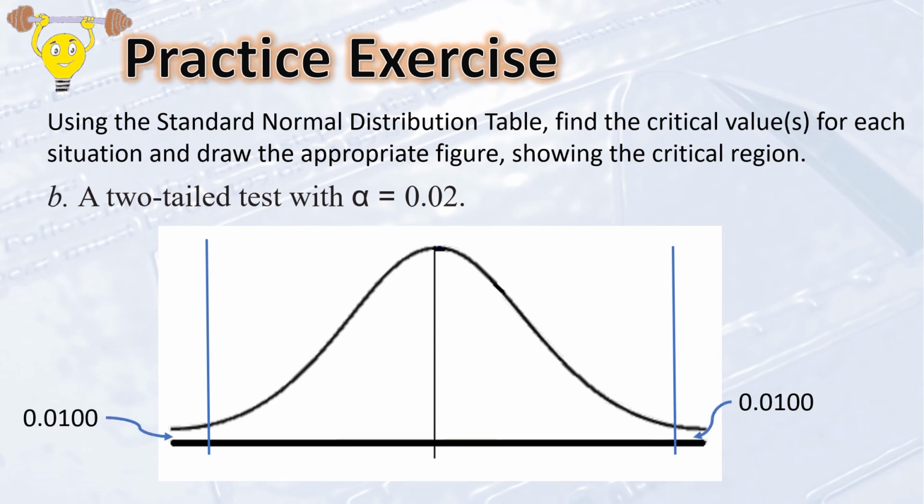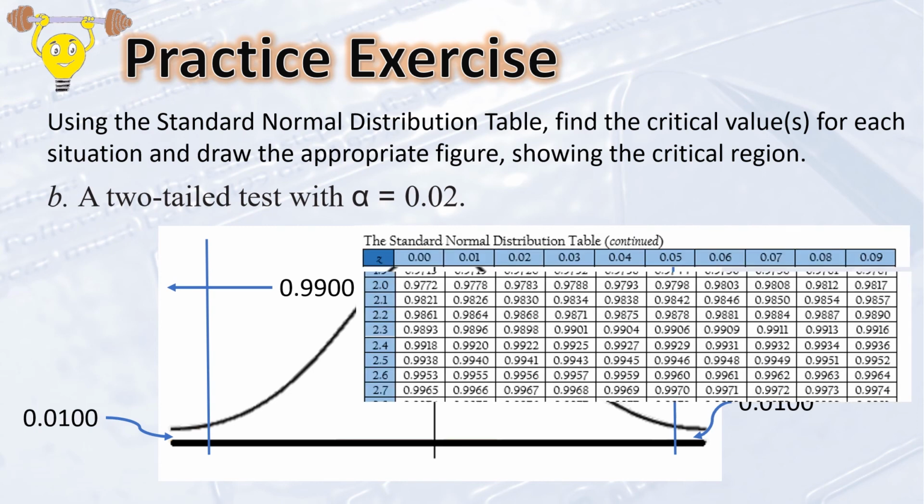To find the critical values, we can either use 0.0100 or 0.9900 since 1 minus 0.0100 is 0.9900. Then we use the standard normal distribution table to find Z critical.